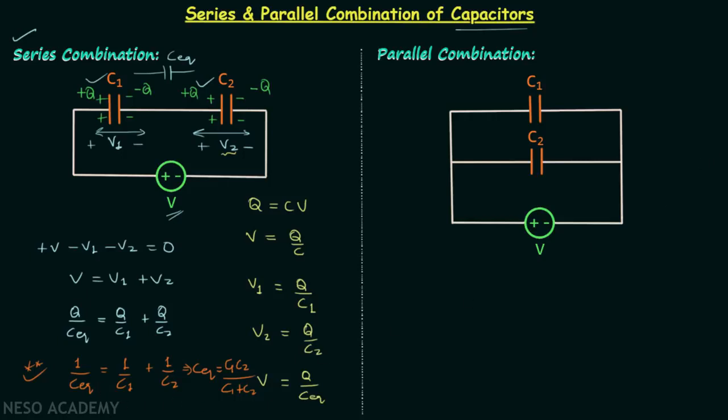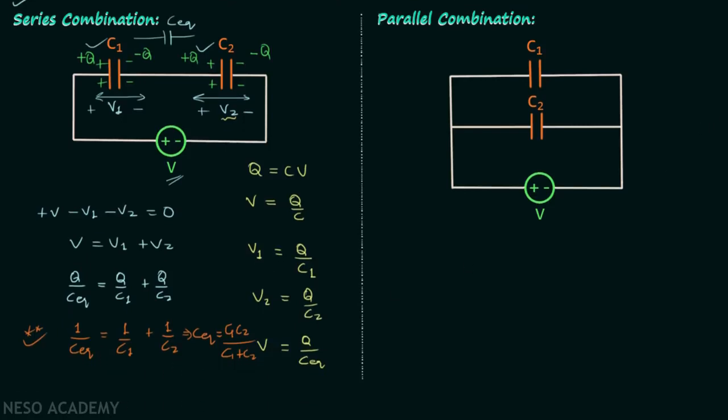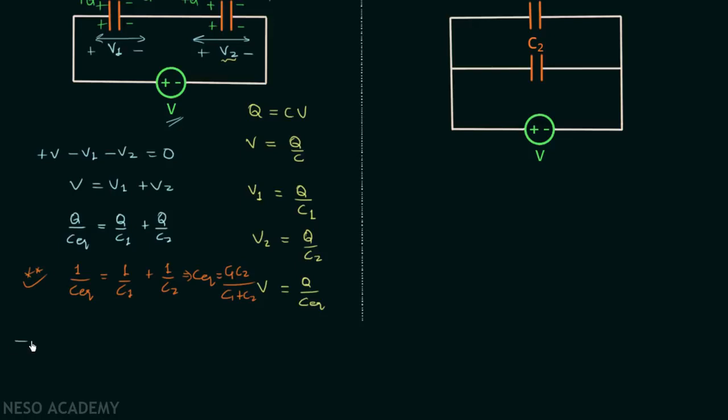Now when we have n number of capacitors connected in series, let's say C1, C2 all the way to Cn are the n capacitors connected in series, then the equivalent capacitance can be calculated like this: 1 over C equivalent equal to 1 over C1 plus 1 over C2 plus all the way to 1 over Cn.